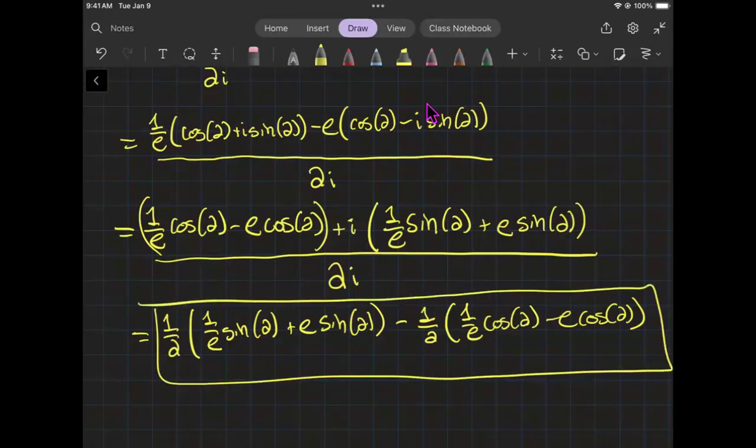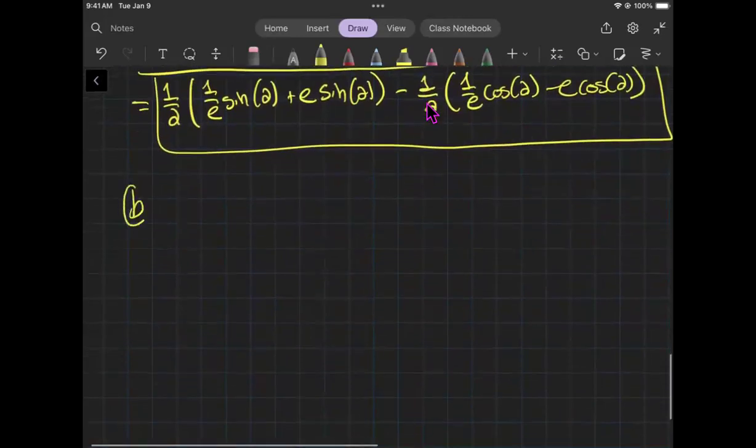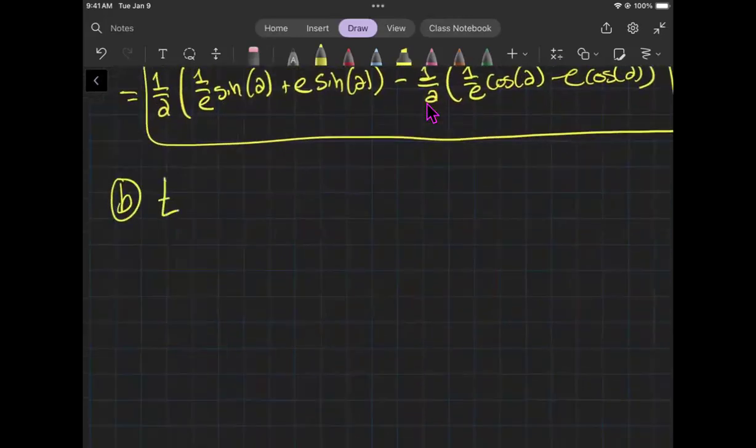So that would be that complex number, right? And I want you to work on your own computing this number. If you have questions on figuring out what this number is, please let me know.